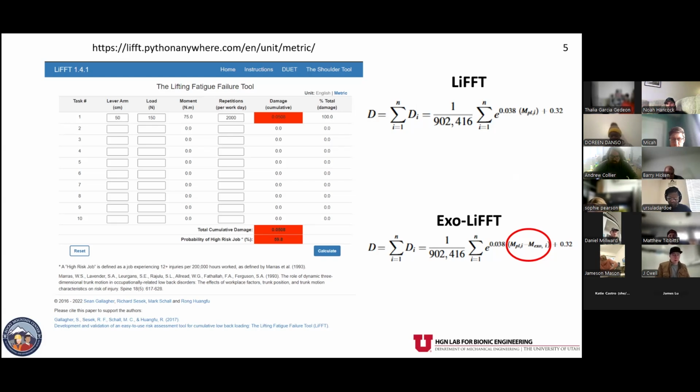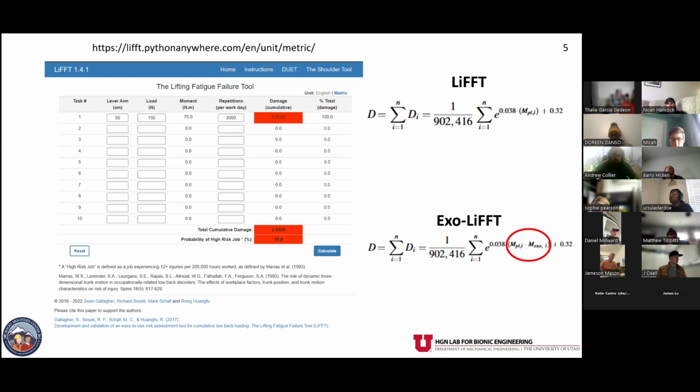Then it comes up with the cumulative damage to your tissues and lumbar support in your back, and gives you a probability of the job being high risk.